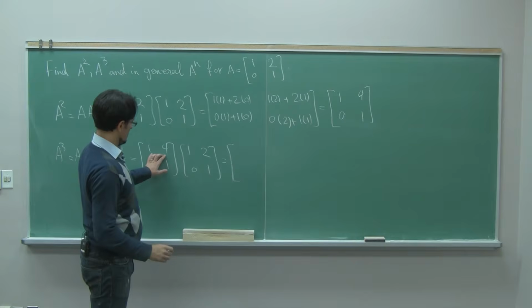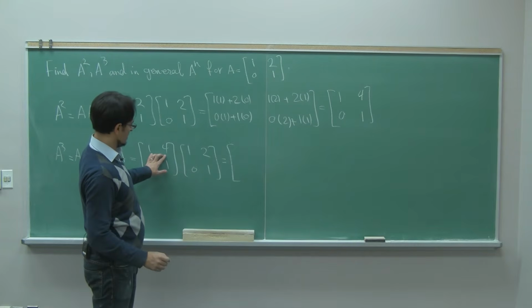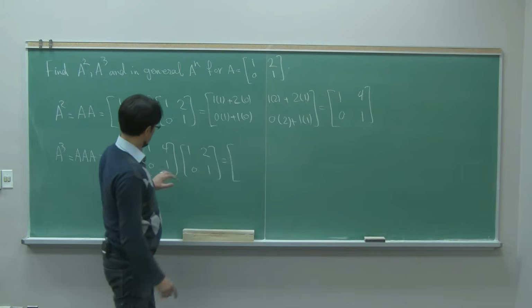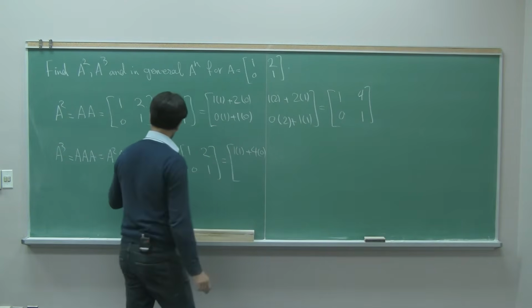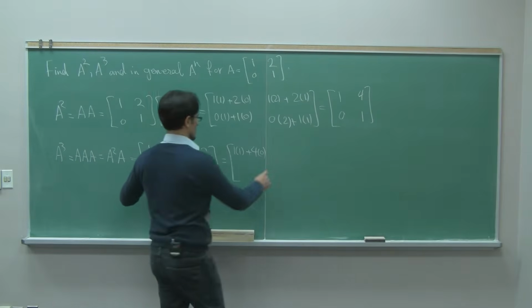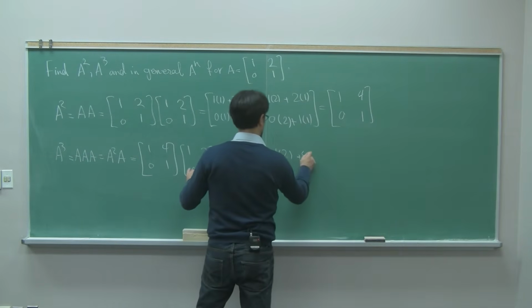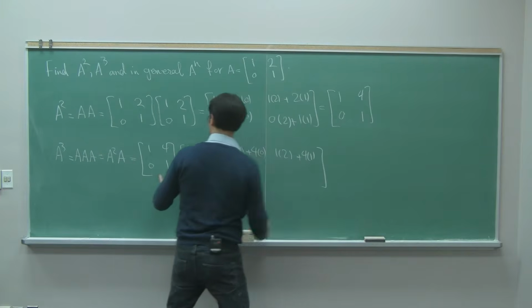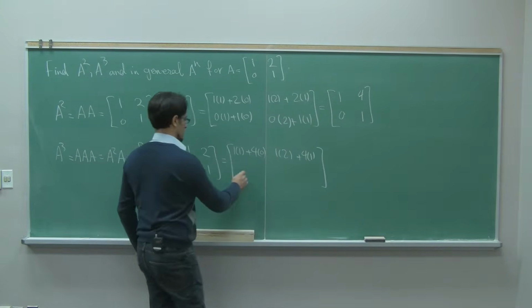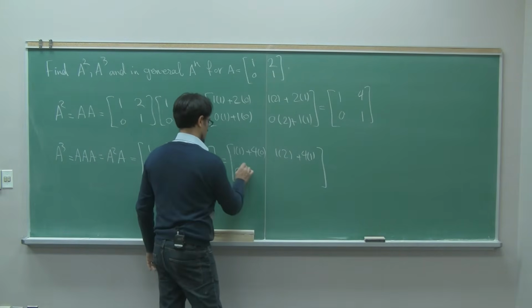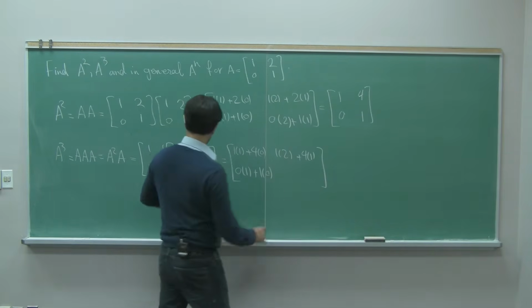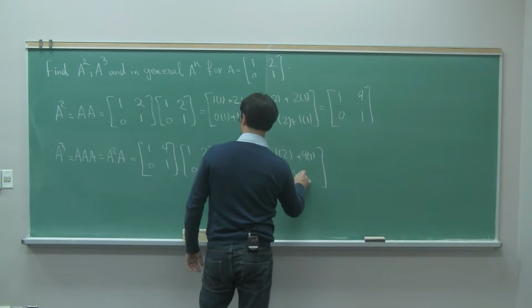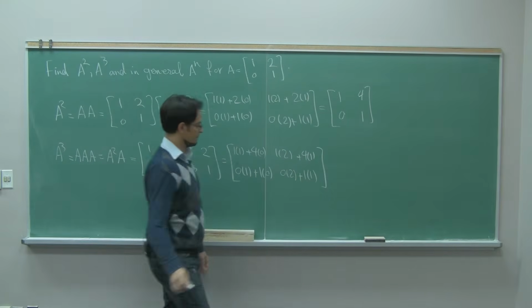The first entry is 1 times 1 plus 4 times 0, then 1 times 2 plus 4 times 1, then 0 times 1 plus 1 times 0, and 0 times 2 plus 1 times 1.